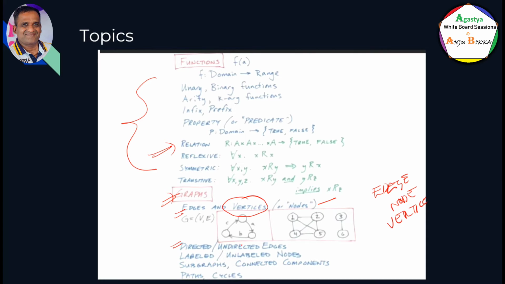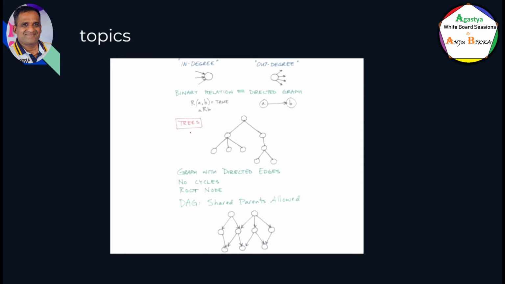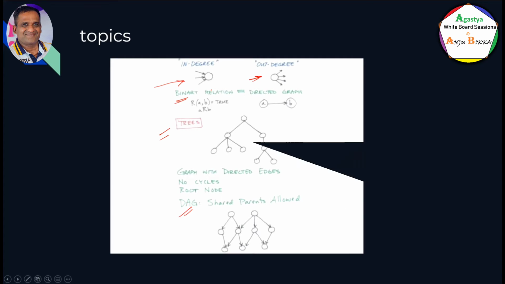What is an undirected edge? What is a labeled node or unlabeled node? Then what is a subgraph and connected components, paths and cycles? And in the case of a directed graph, what is in-degree and out-degree, binary relation and trees, and we are going to discuss DAG.